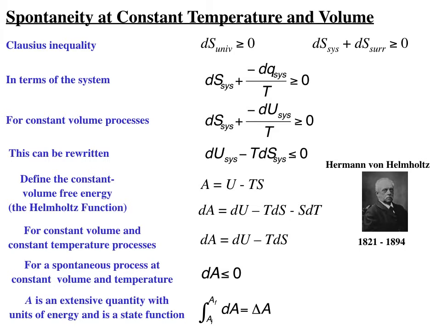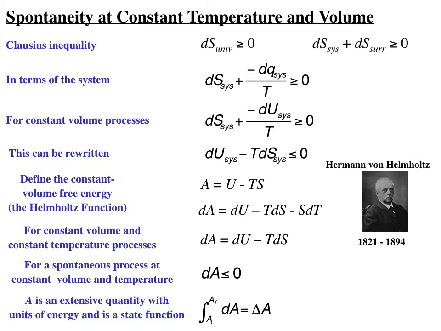Well, if we partition the universe up into the system and surroundings, then dS of the system plus dS of the surroundings is greater than or equal to 0 for a spontaneous process. Now, the change in entropy of the surroundings is solely dictated by what occurs in the system, so we substitute for dS surroundings minus dq system over T. So we have dS of the system plus a negative dq of the system, because the heat is exchanged with the system.